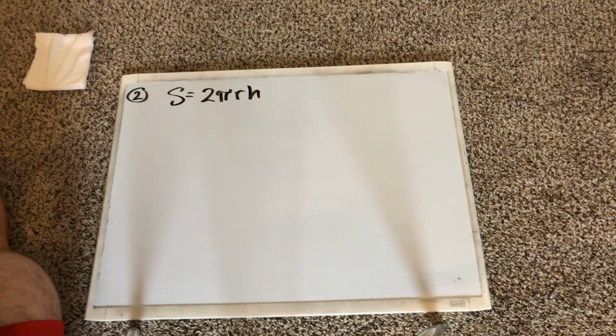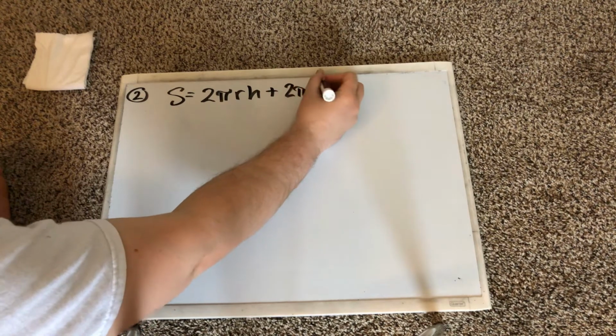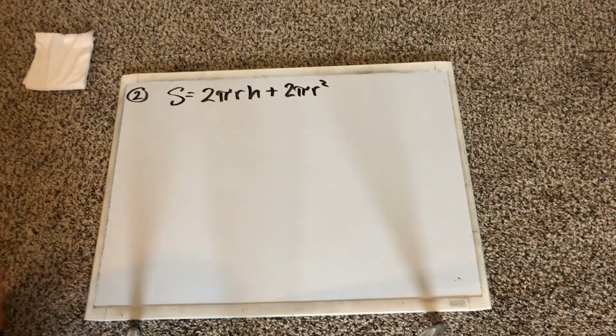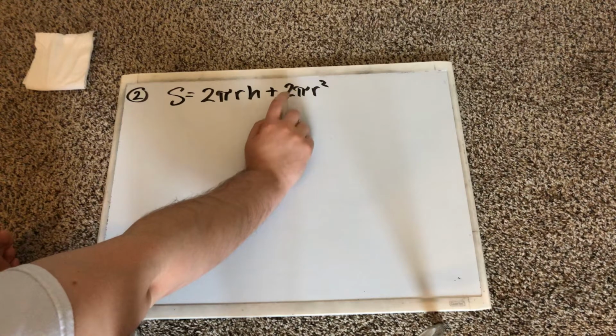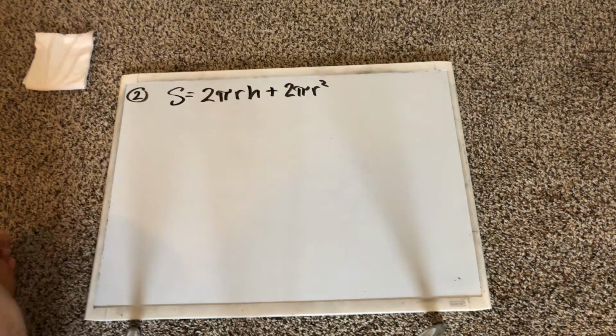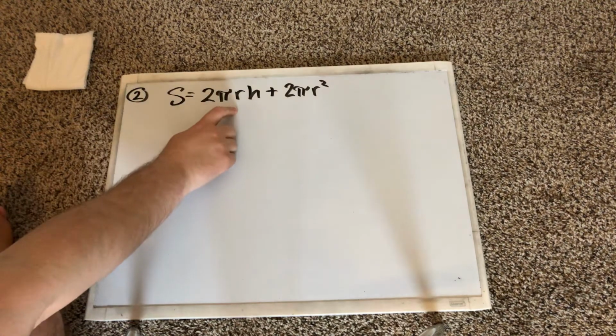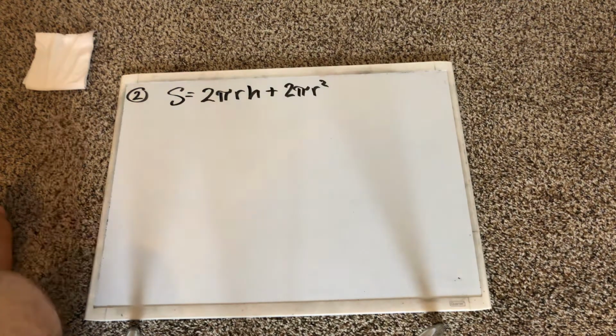Again, height is the distance between the two bases, plus 2 pi r squared. So if we remember, pi r squared is the area of the circle, and we have 2 circles because they have 2 bases. So 2 times the area of this circle, and then 2 pi r is the circumference of a circle, and then times the height, which is the distance between the 2 bases.